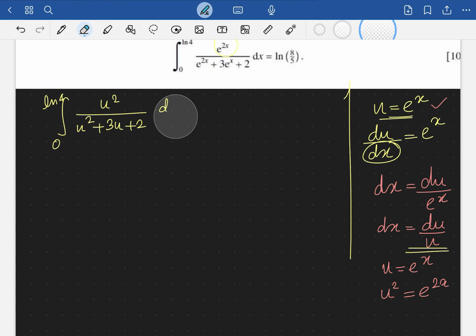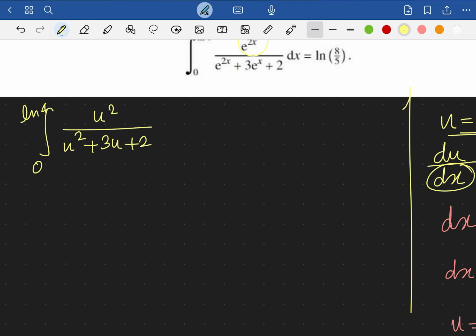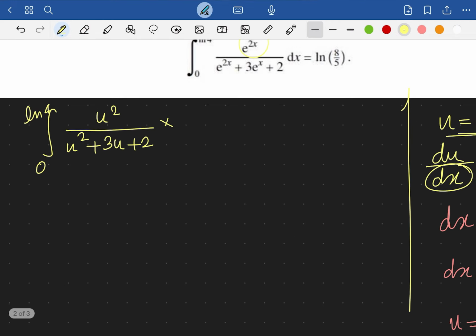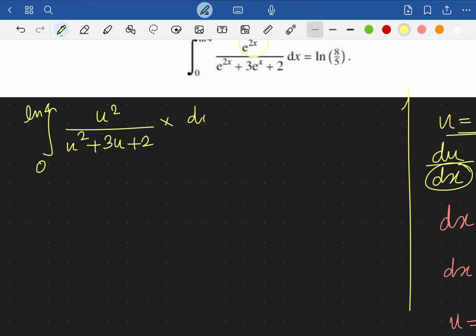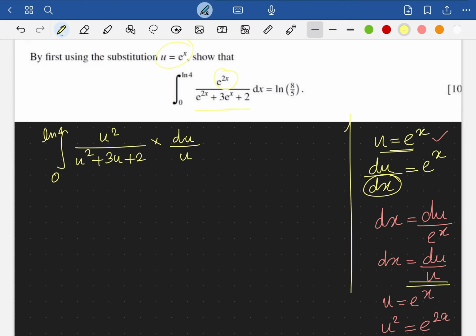So I'll just write times du over u. Now this integration we have to prove can be written in the form of ln 8 over 5. So the next step is I can simplify this. I can cancel this u, and this squared will go.